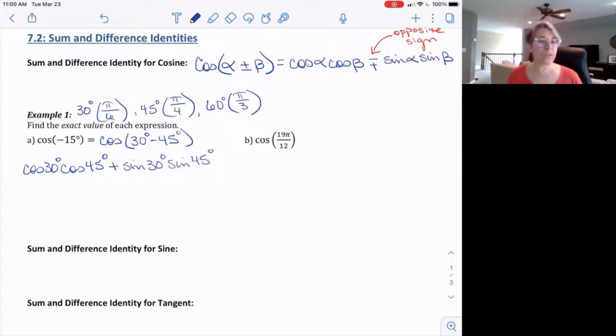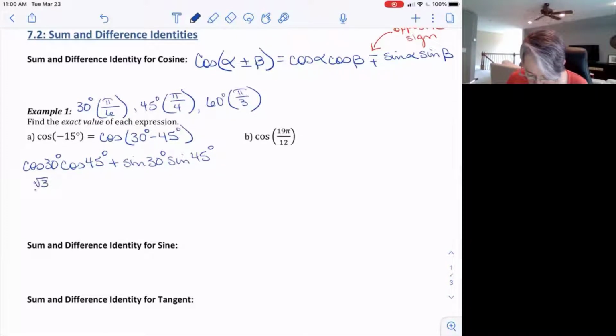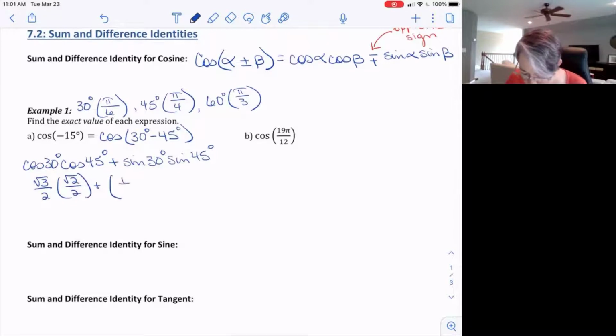And we know all of those values. Cosine of 30 degrees is square root of 3 over 2. Cosine of 45 is square root of 2 over 2. Plus sine of 30 degrees is 1/2. And the sine of 45 degrees is square root of 2 over 2.